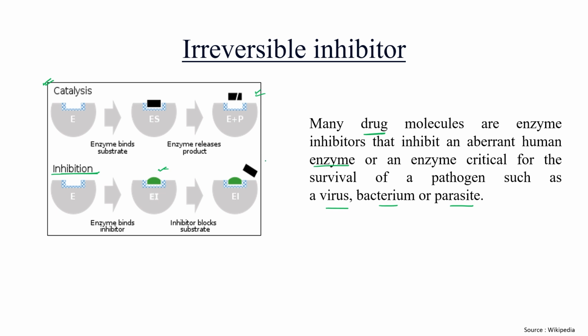If we again increase the substrate in that reaction media, the inhibitor still cannot be released from its location. That's how it inhibits the reaction or enzyme activity. Okay, so this is all about the topics related to enzymes. Now this particular topic has been finished.